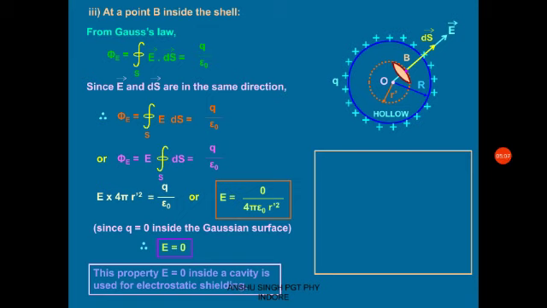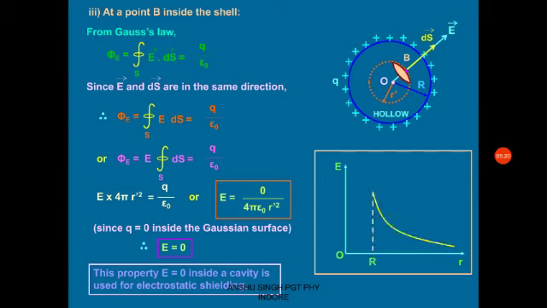Now we can use the inside of this cavity. It is used for electrostatic shielding. That means charges cannot interfere inside this cavity. Let us draw the graph between electric field intensity and the point of observation, how it changes.